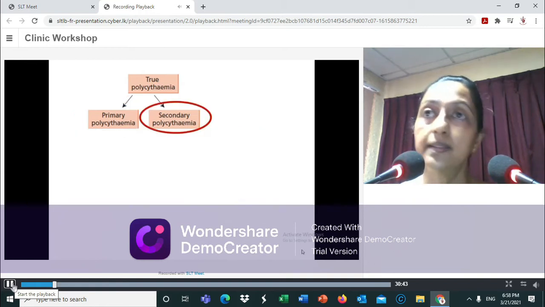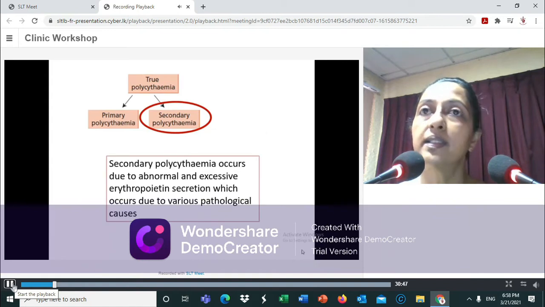Then in secondary polycythemia, this occurs due to abnormal and excessive erythropoietin secretion, which occurs due to various pathological causes. Secondary polycythemia is due to abnormal erythropoietin, whereas primary polycythemia is completely different and does not depend on erythropoietin.